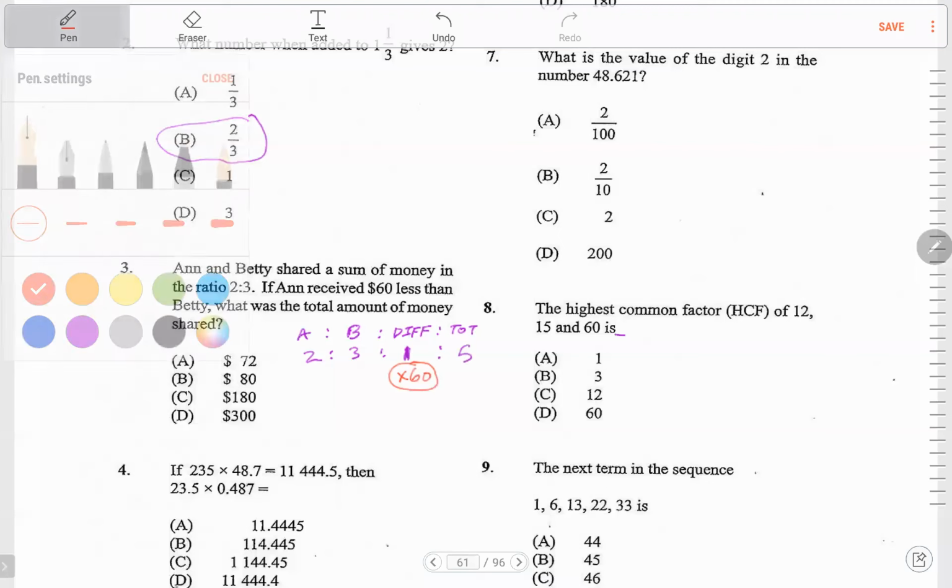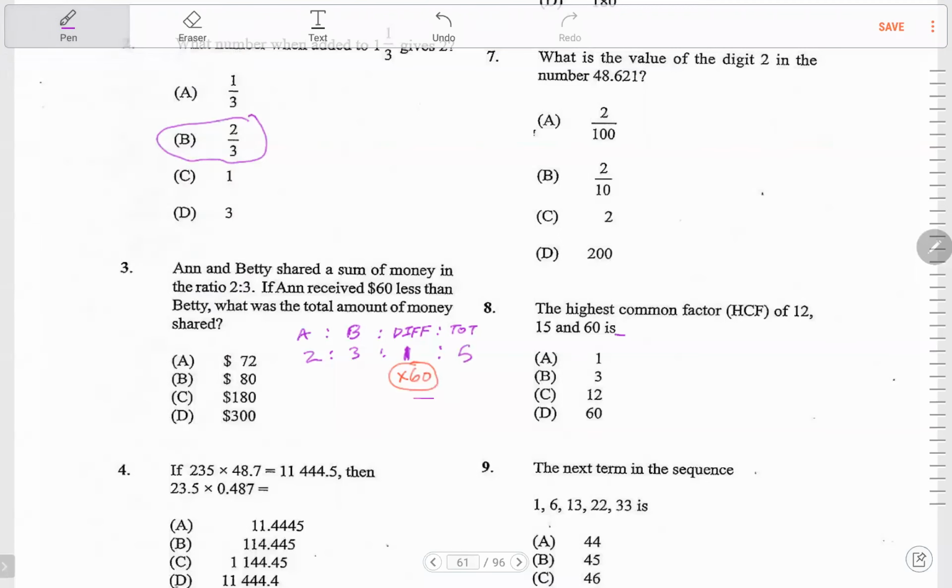So if you multiply the ratio by 60, this becomes 60, this becomes 300, this becomes 180, this becomes 120. They ask for the total amount shared. Total is 300, which is the same as 120 plus 180. All right, so that's how these questions are easy. Just multiply and divide, get what you want.